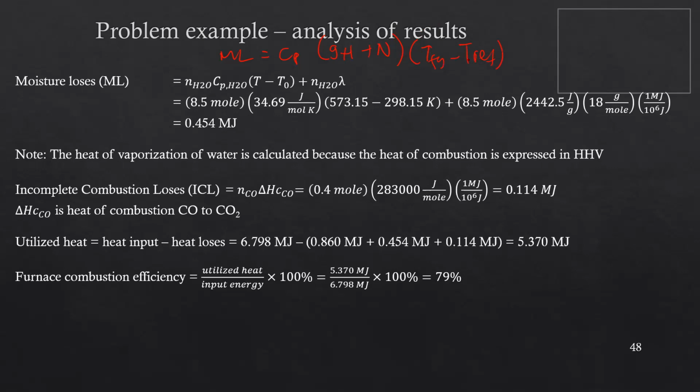We can also use this approach, where the moisture losses are calculated using the moles of water multiplied by the heat capacity of the water multiplied by the temperature difference between the exit flue gas and the initial temperature, plus the moles of water multiplied by the latent heat of vaporization. Based on these calculations, we get 0.454 megajoules.